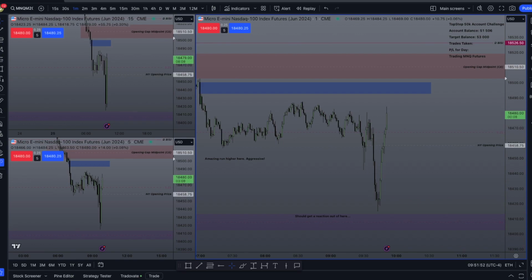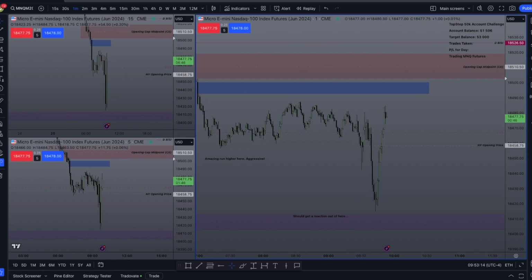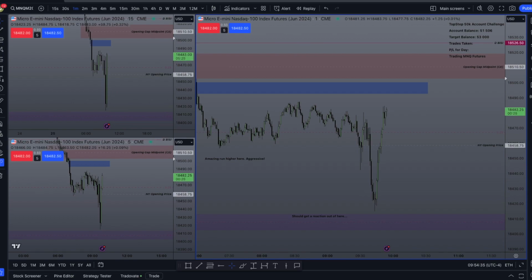So we call that a Judas swing. At market open, the price drops considerably and then retakes the range it dropped from pretty much immediately. Sometimes it can happen slower, sometimes it can happen faster. Today was definitely an example of it happening faster.